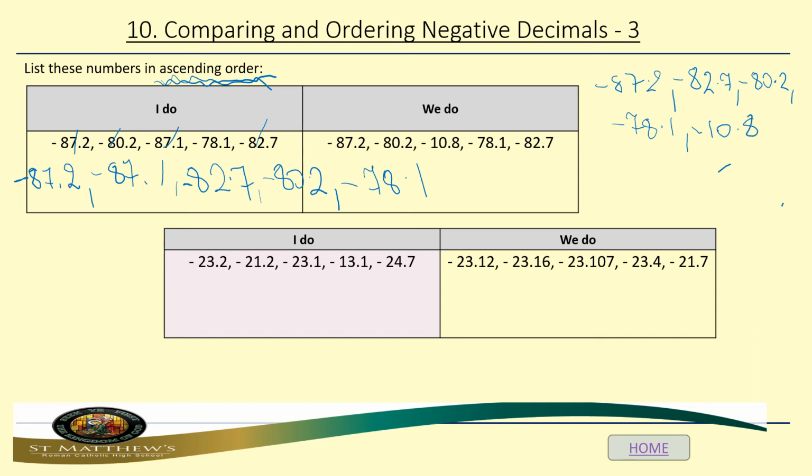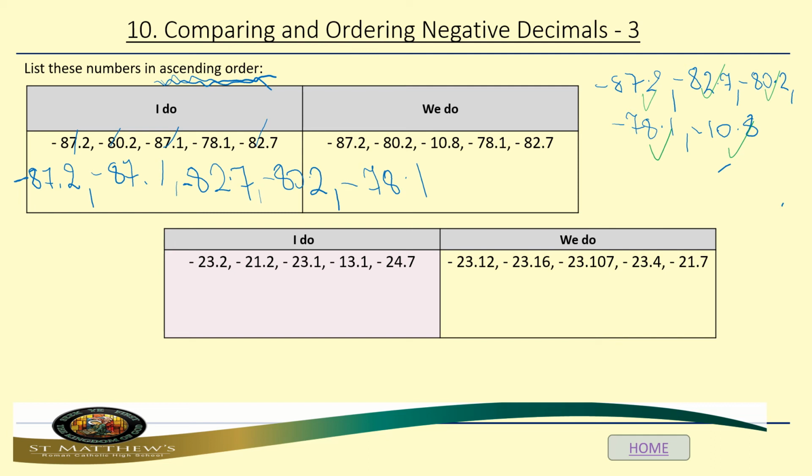So if that's what you've got, well done. Green tick, tick, tick, tick, tick. Fantastic. You know how to order negative decimals. Let me do one more, and you'll do another one, and then we will do some practice exercises.